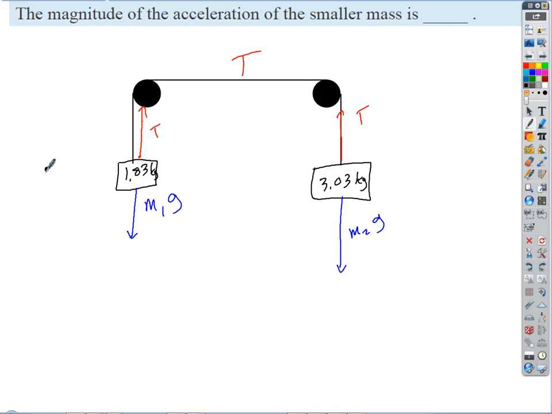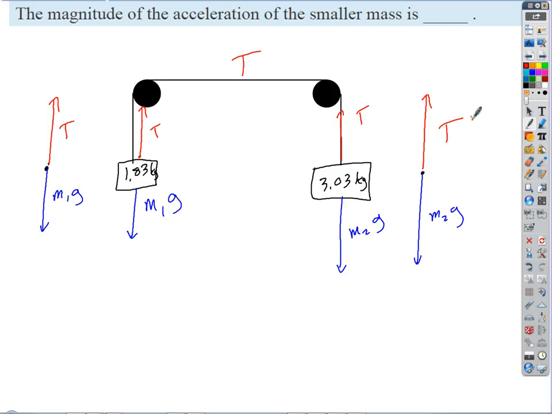We know what the mass is, and we've got the downward force M1G and the upward force T. For this guy over here, we've got the downward force M2G and the upward force T.